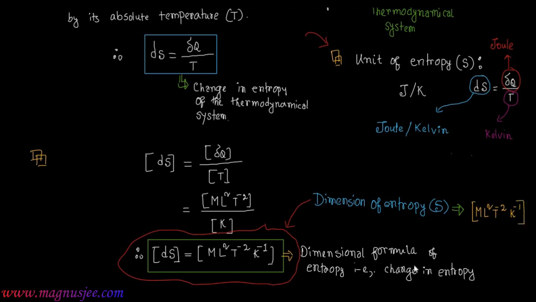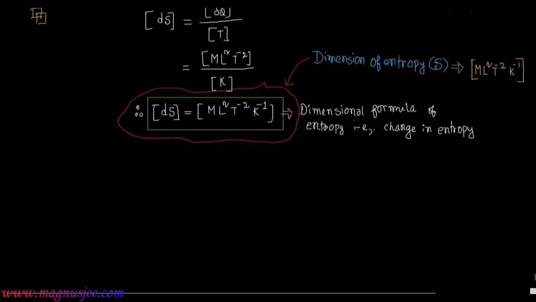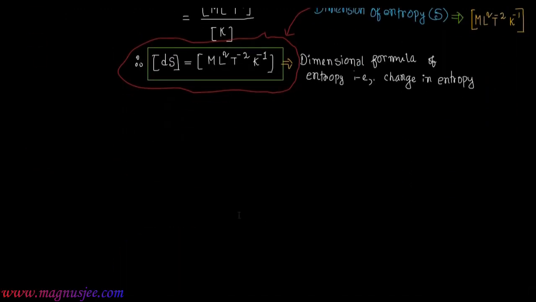Finally we get the dimension of entropy S as ML^2T^-2K^-1.